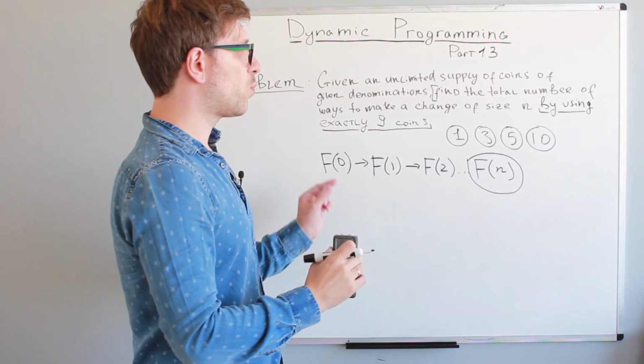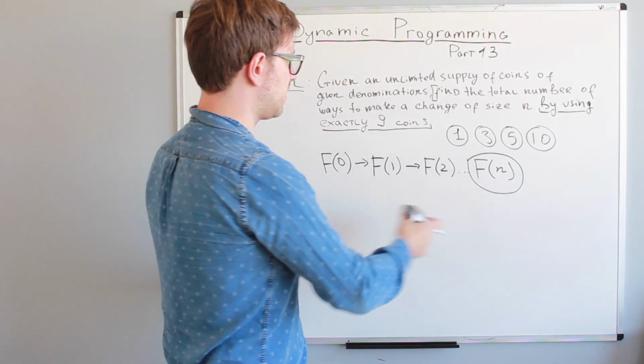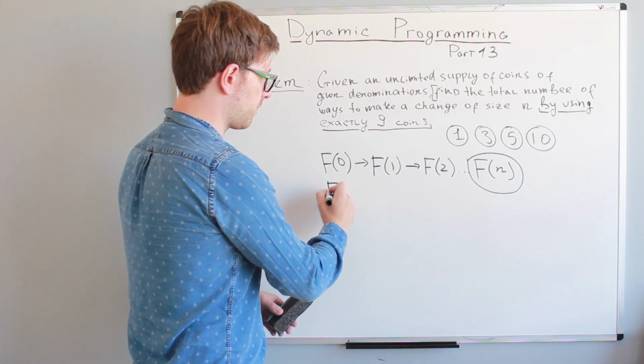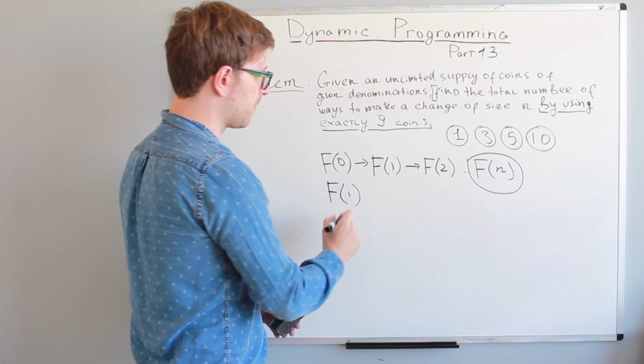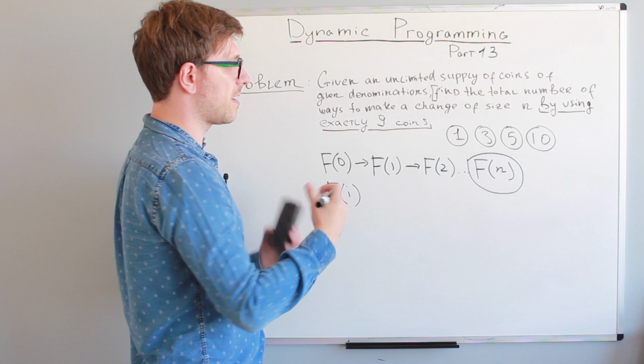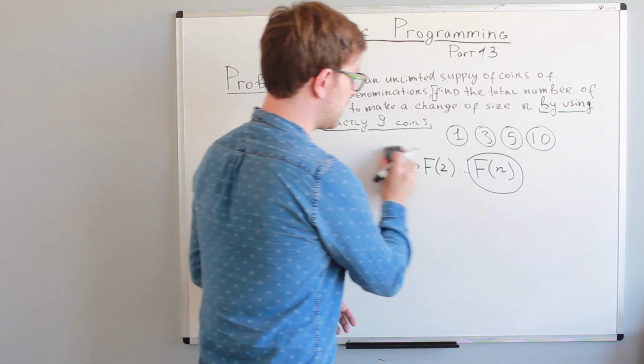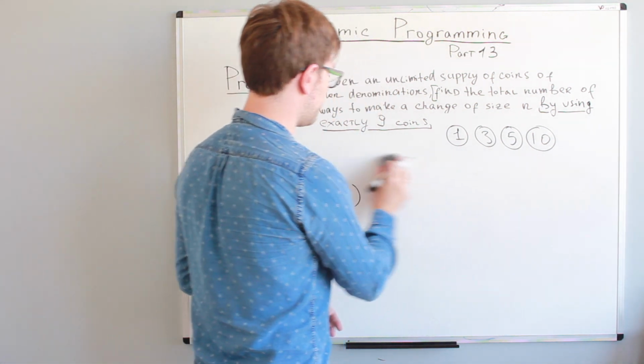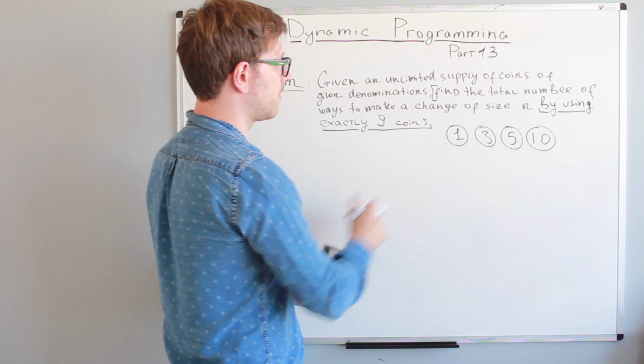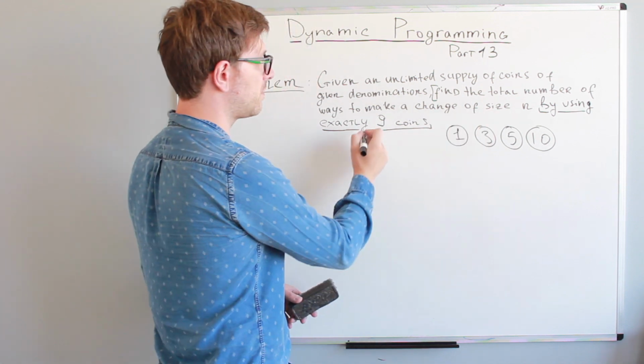We only had one variable in this state, which was f of I, and I was the amount. Now we have two variables here. We have n and we have 9.